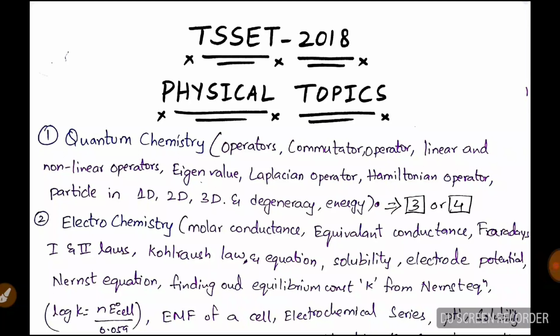Coming to physical topics, the most important topic is quantum chemistry, because most of the questions are from quantum chemistry, guys. I know for most of you quantum chemistry is hard, but they'll be asking just the basics, so just be good with the basics.